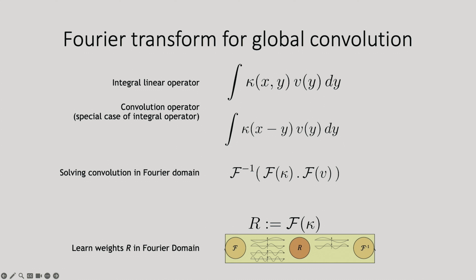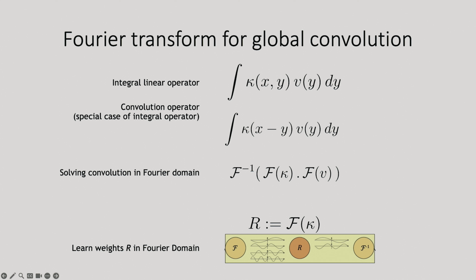So the idea is you take your kernel integral at the top, and we look at a specific case of the kernel integral, which is the convolution operator. So instead of having a general kernel, v here is your input function. You're mapping your input function v(y) to a new function that you will query at point x here. So you integrate your input function with some kernel, and here we simplify the kernel to just be a convolution.